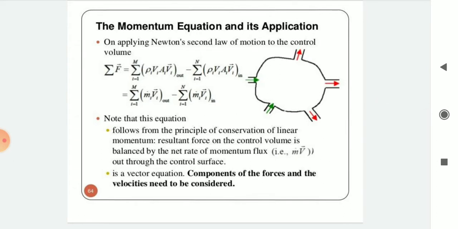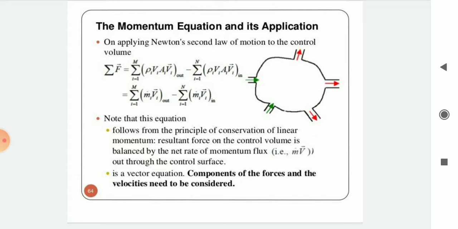On applying Newton's second law of motion to the control volume, summation of F vector equals summation of rho1 V1 A1 V vector out minus summation of rho1 V1 A1 V1 vector in, that is, force out minus force in.